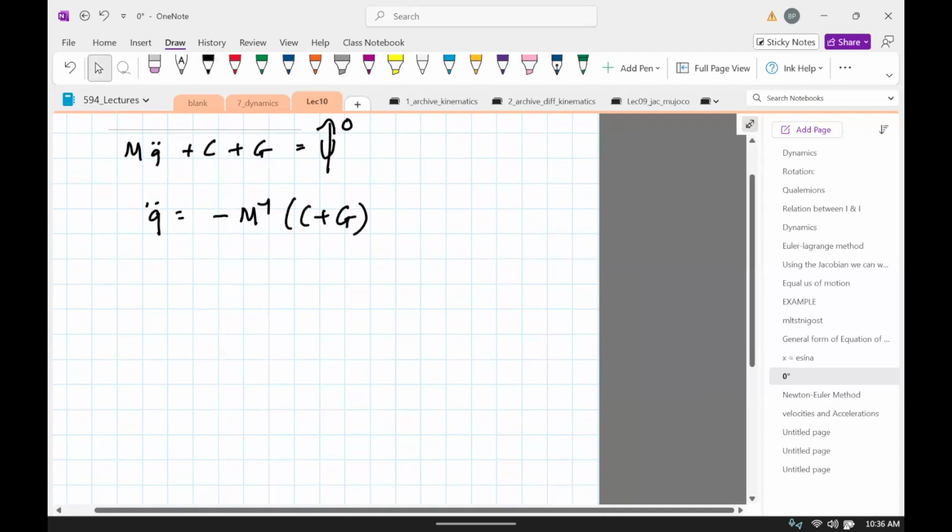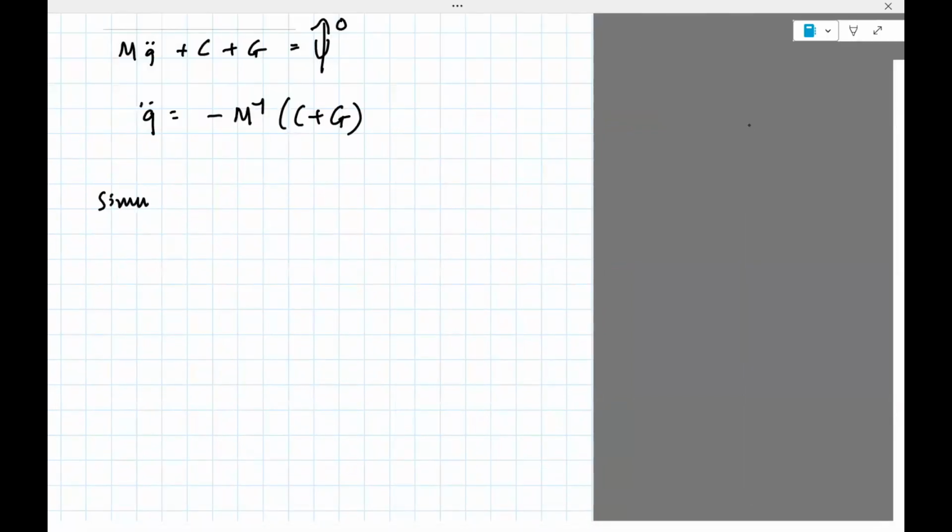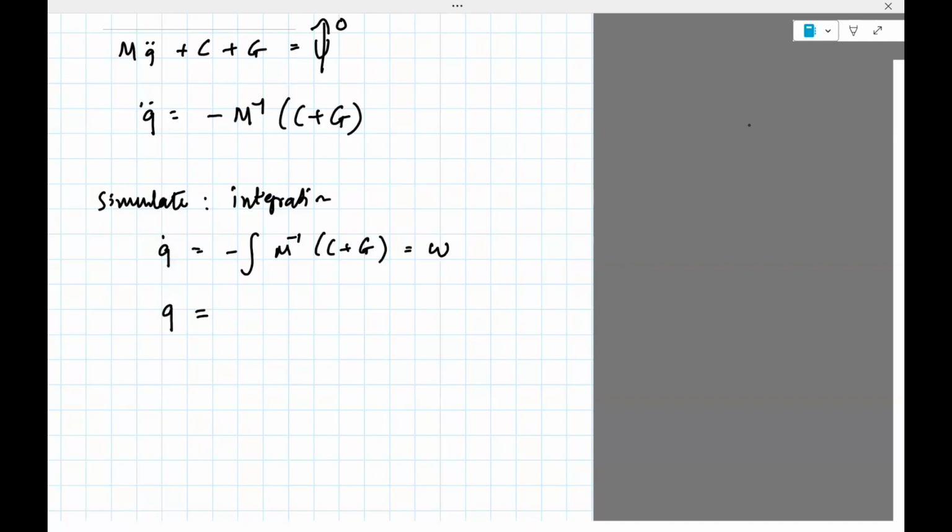And then if you want to simulate the system, you need to do what is known as integration. So q dot is going to be the integral of the acceleration, and then q, let's call this omega, and then q is the integral of omega dt.